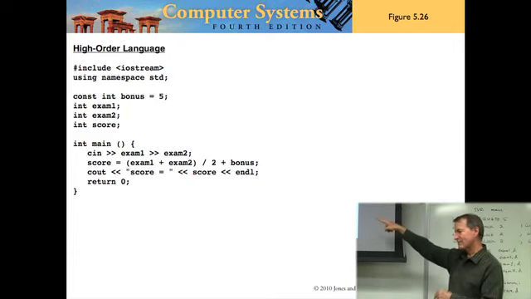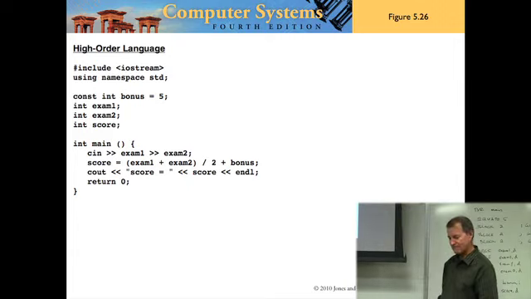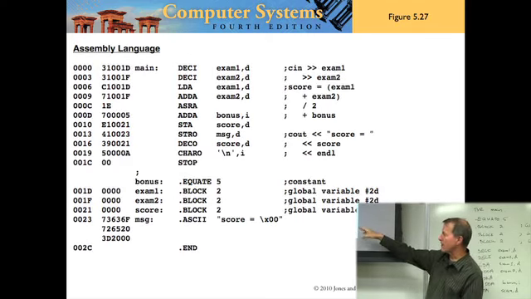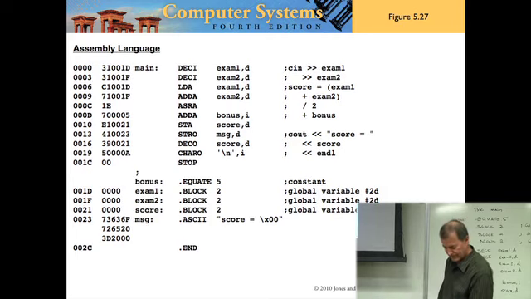And so we want it to match this. Is everybody good? Okay. This other figure just shows that it's possible to put that stuff at the bottom of the program, but we don't need to do that.